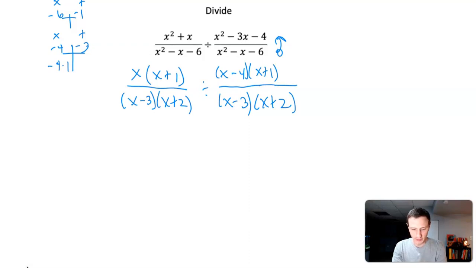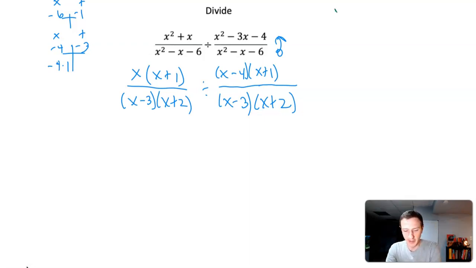Here's why I held off on flipping it and changing to multiplication: I want to look at the denominators. In a rational expression problem, we can never have 0 in the denominator, in the original problem or even the solution. So we want to identify what x values we cannot have in our final answer, or just in terms of the domain.